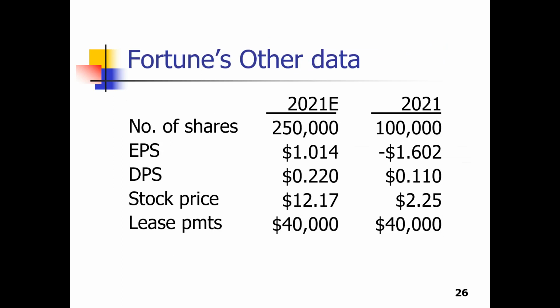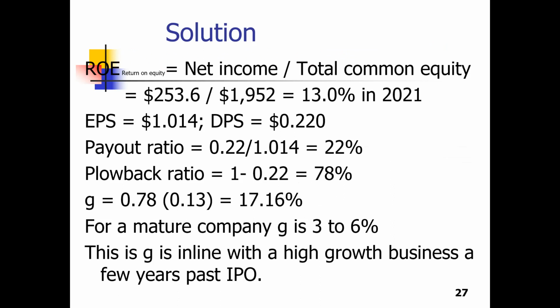And earning per share is also calculated here. And dividend per share is calculated, and number of shares is given, and other data is given. Okay, so return on equity equals net income 253.6 divided by total common equity 1,952,000, which comes to 0.13. We multiply it by 100 and report it as 13%.